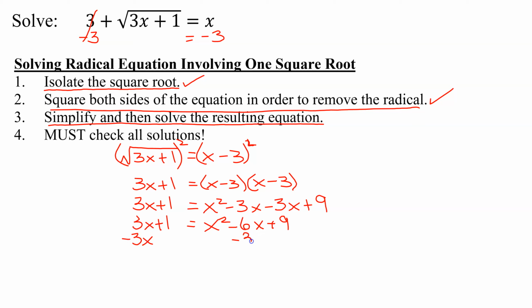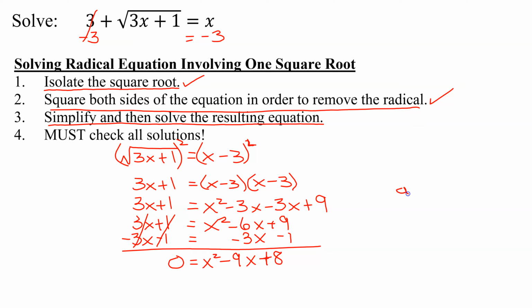So I'm going to subtract 3x from both sides, and I'm going to subtract 1 from both sides. So I get 0 equals x squared. Negative 6 added to negative 3 is going to give me negative 9x, and 9 minus 1 is going to give me positive 8. So there I have my quadratic equation, and we need to try and factor it.